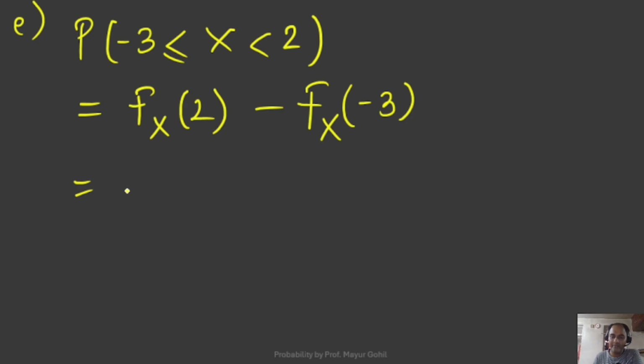Now the CDF evaluated at 2 is already 1 minus e raised to minus 4, and the CDF evaluated at minus 3 is a good question, because we do not have a value there, so it's going to be 0.